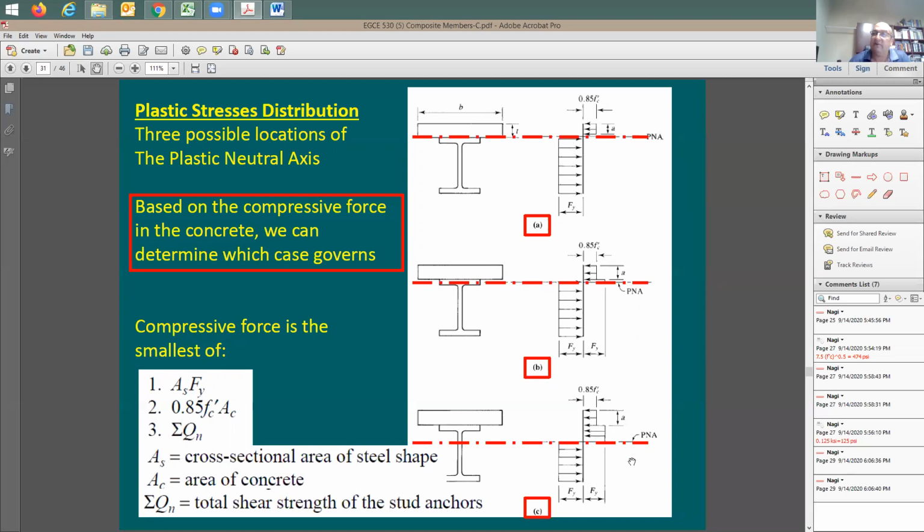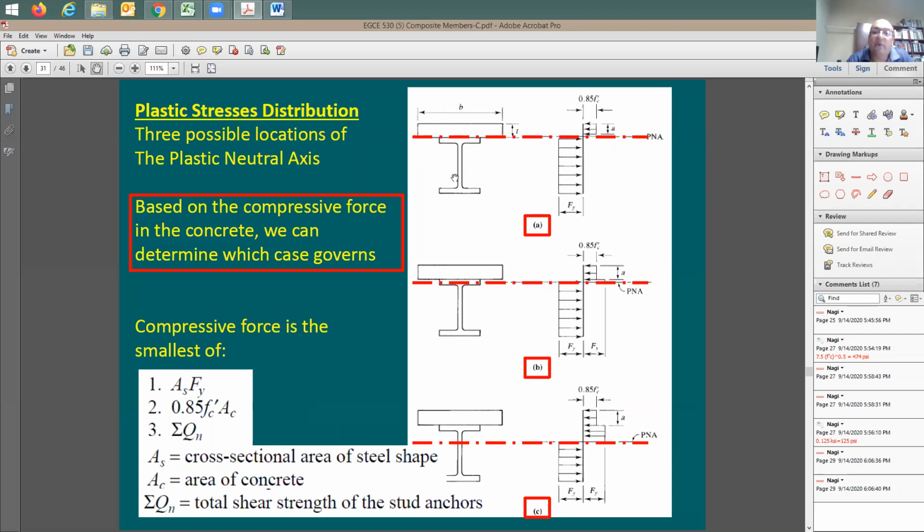Someone's going to say, how do you find the compression of the concrete? Simply take 0.85 F prime C, now it's compression, multiplied by the concrete thickness, multiplied by the beam flange width, which means the concrete width. We're going to have a good compression force going into this flange. At the same time, you assume that the entire steel beam is in tension. So you take F sub y times A sub s.